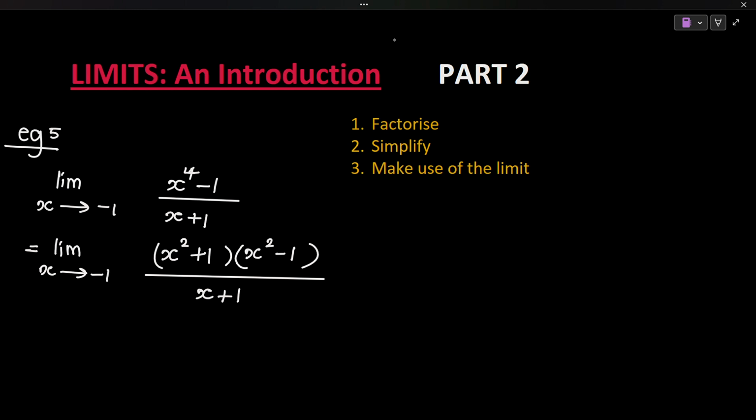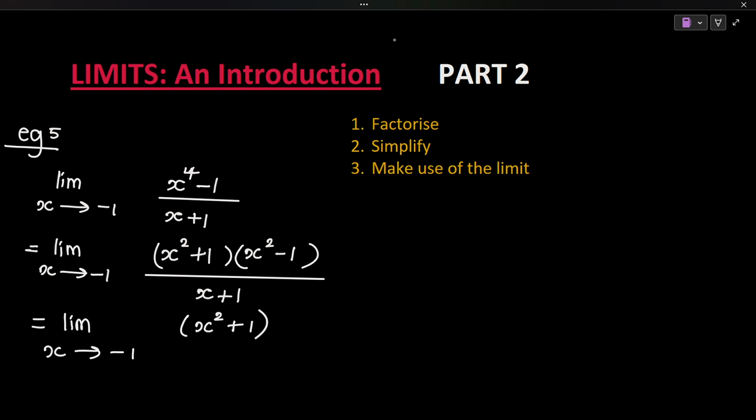Now, you need to notice that once you factorize this numerator, we still have difference of two squares as one of our factors. So this x squared minus 1 can be further factorized. You need to make sure that the function is fully factorized first before you simplify and make use of the limit.